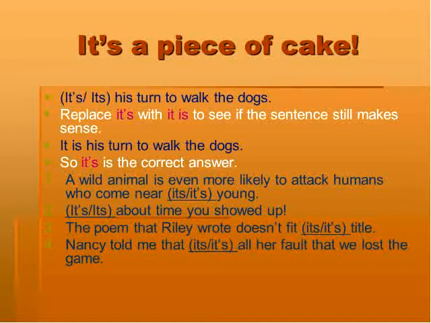Okay. This one is referring to possessive here. Possessive pronoun. And then you have the contraction, it is. Okay, let's work on these ones.